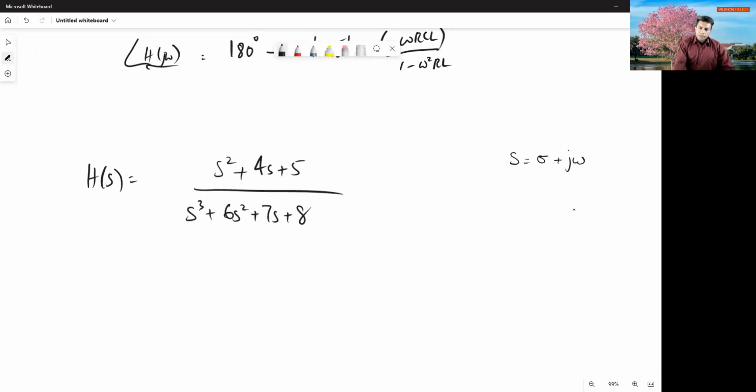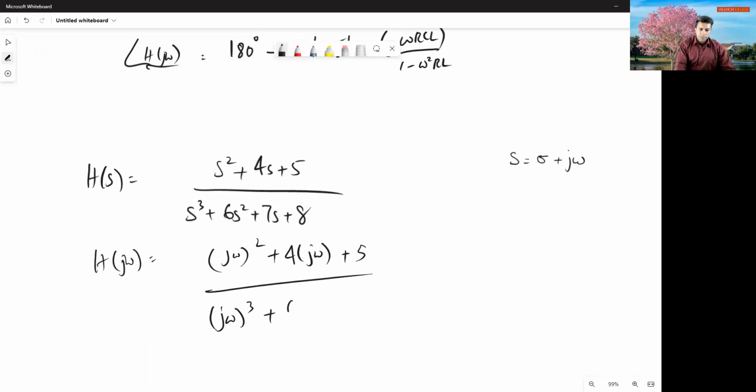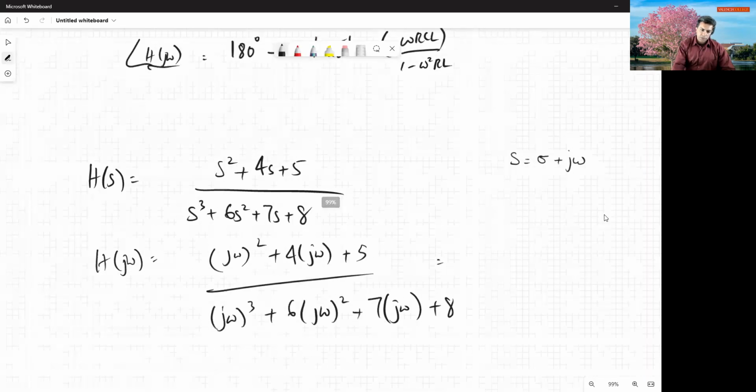So let's say it has settled down. All the transients are gone, and we assume s is equal to j omega. If we put s equal to j omega here, like we did earlier, that's going to be (j omega) squared plus 4j omega plus 5 over (j omega) cubed plus 6(j omega) squared plus 7j omega plus 8. Now to simplify this, (j omega) squared, remember, is what? j squared is -1.